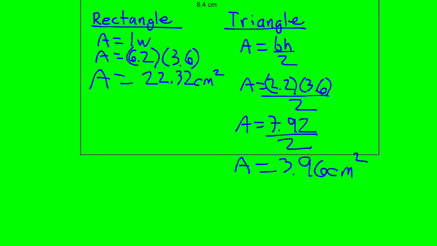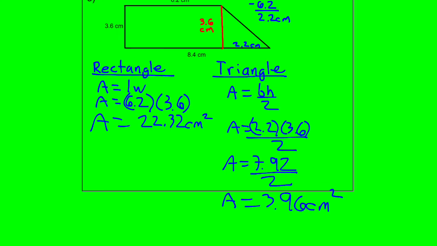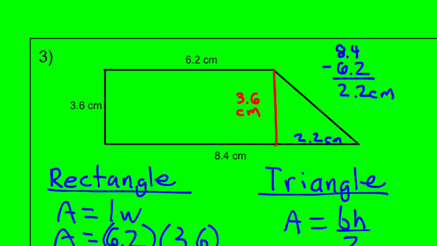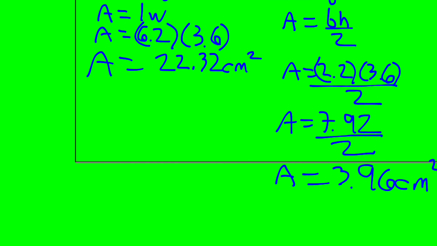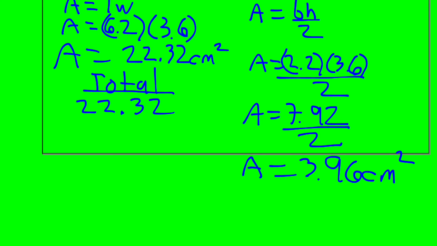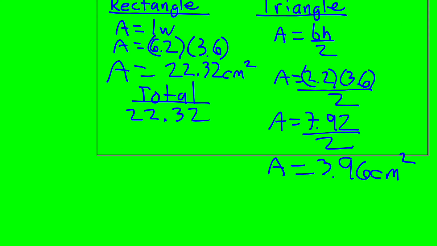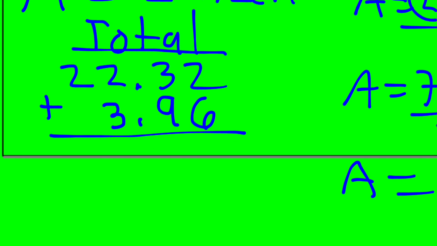And then I can do my total. I have to add up the rectangle and add up the triangle. So I'll label this total. The total of the rectangle was 22.32, and the total of the triangle was 3.96. We'll add those up.